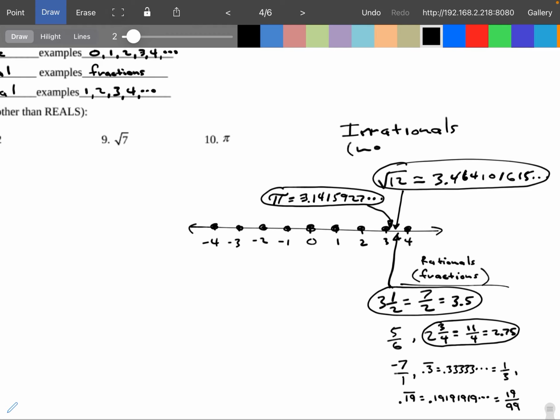And again, the note on those is those are not fractions. So that would go for this one and for this one.